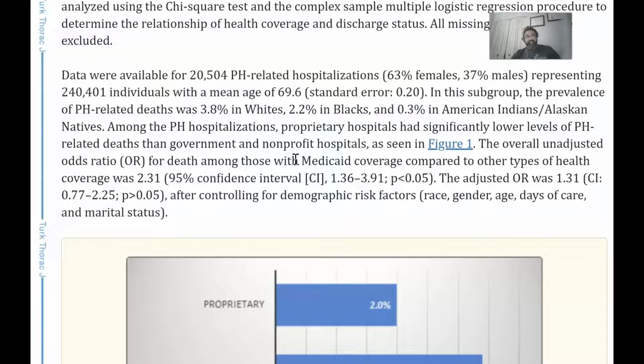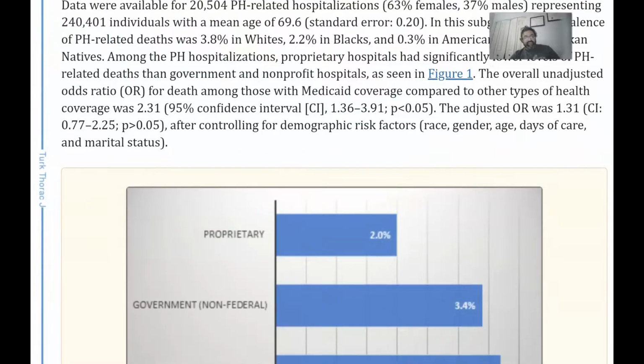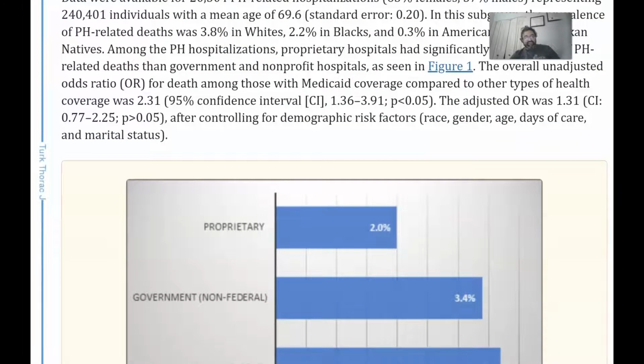So it's important to note the types of insurance and Medicaid coverage. The adjusted odds ratio was 1.31.